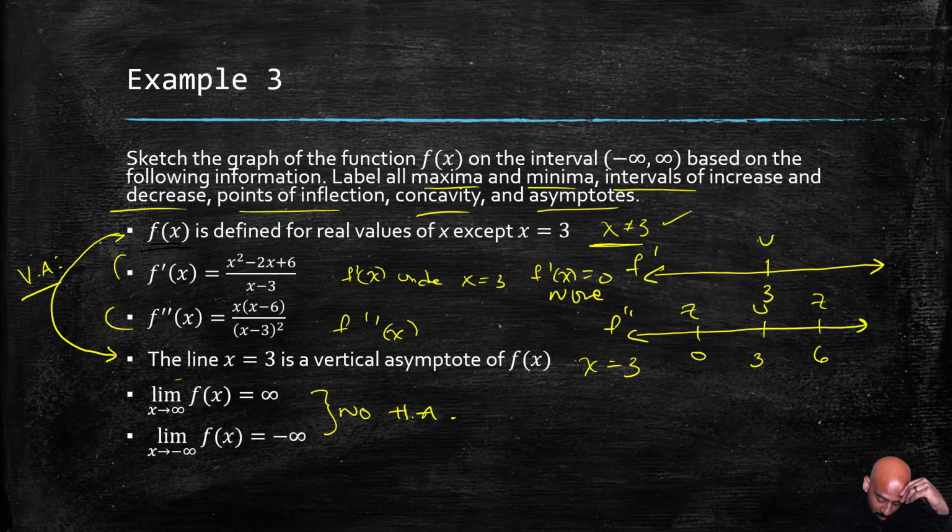So to the left of 3, I'm going to go back to the original derivative. If you go, say, 100, it will be positive and negative. Okay, so that's one. And the other one here, let's see, f double prime is what?